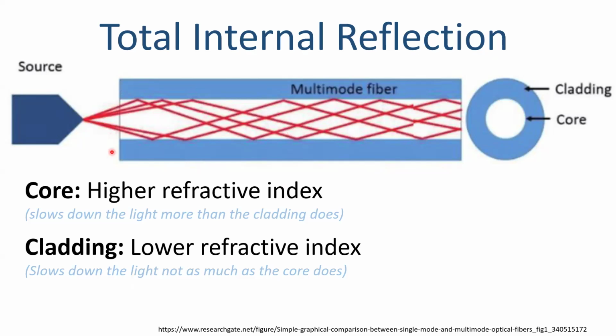In which way? Well, in here is the core, and around the core is something that's called a cladding or surrounding, embracing, hugging. So the core is surrounded by the cladding, is cladded by the cladding.